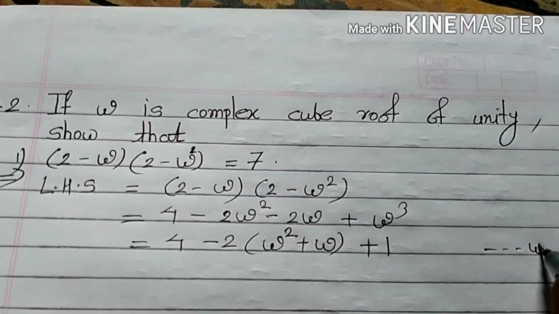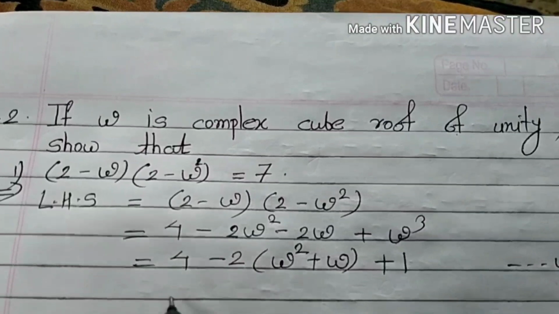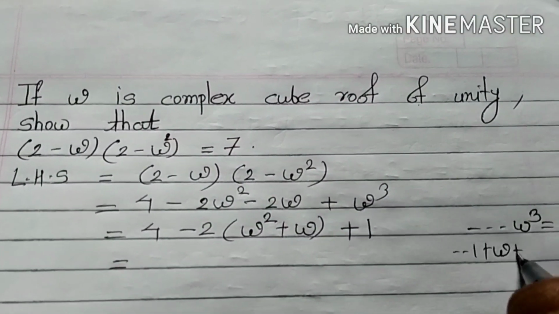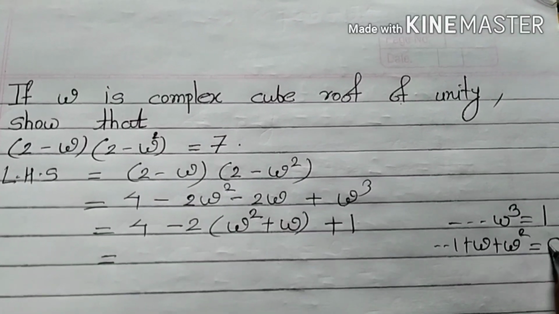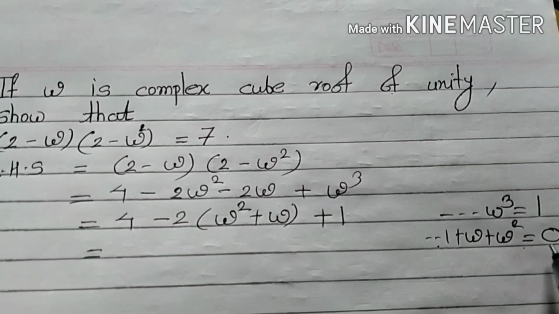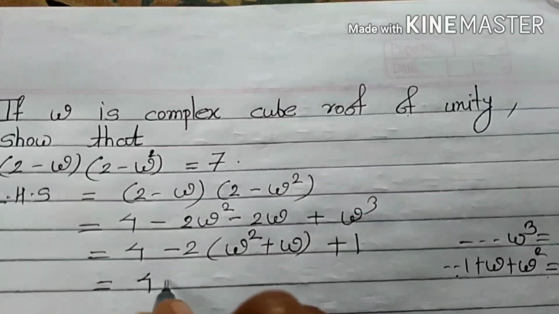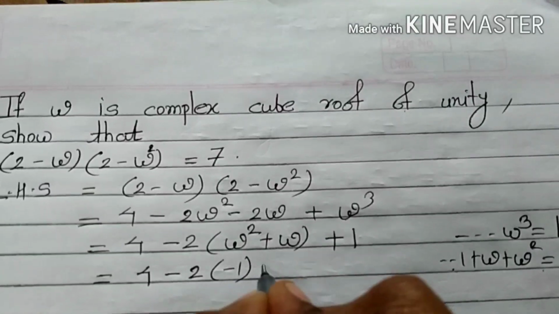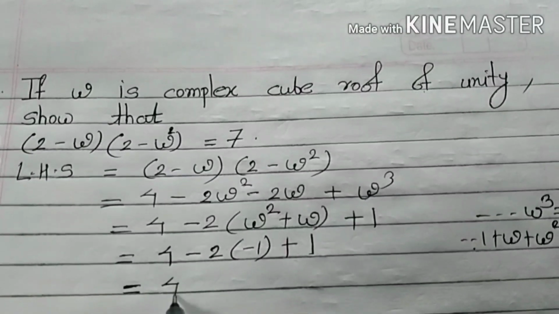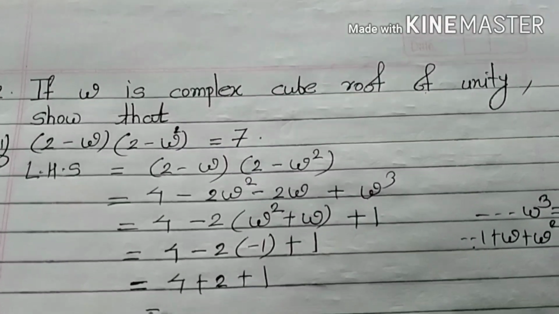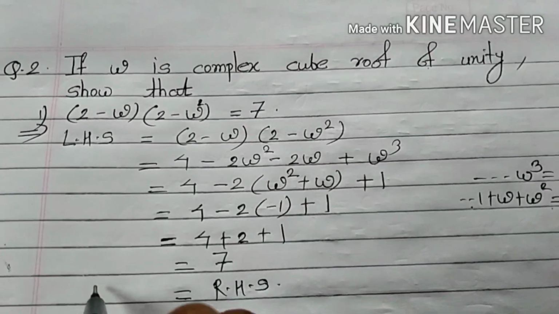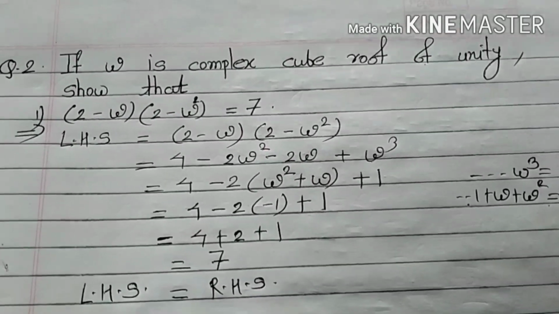We also know that 1 plus omega plus omega square is equal to 0. So omega square plus omega, taking 1 to the other side, gives minus 1. So there is minus 2 into minus 1, plus 1. Now we can write 4 plus 2 plus 1, which is equal to 7. So it is RHS. LHS equals RHS, hence proved.